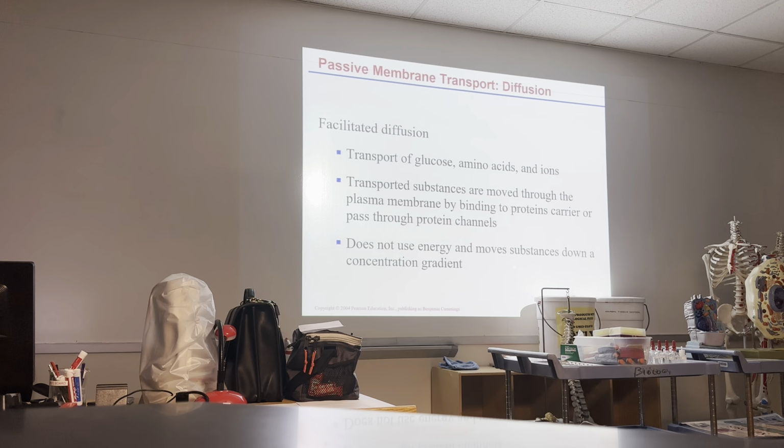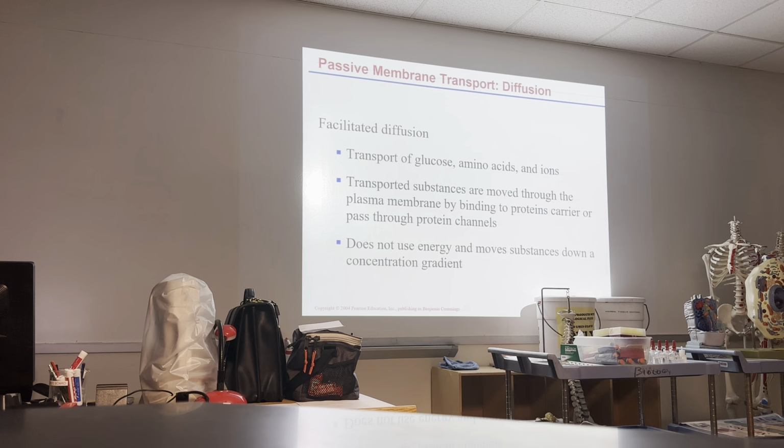That substance is glucose, amino acid, or an ion like sodium or potassium or chloride. Those are ions. So you got not only ions, but glucose and amino acids. So this is facilitated diffusion.